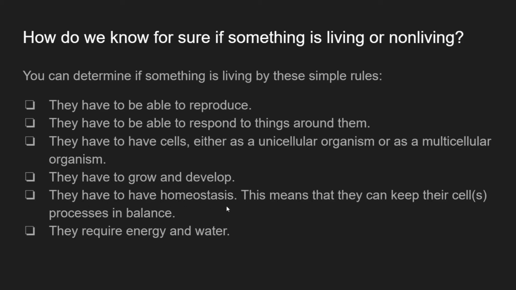Living things also have homeostasis. That just means that they keep their cells in balance. And living things require energy. It may be food or sunlight and water. Okay, now some of these are easy to see just with your eyes, but some of these you would need like a microscope or some lab experiments to test.